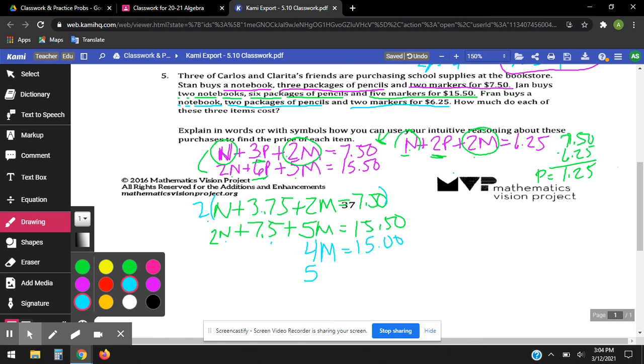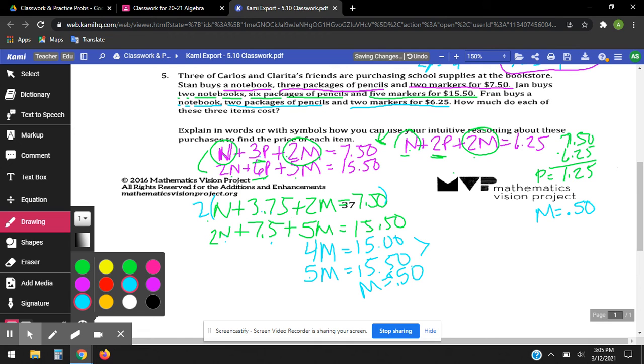And then 5M equals 15.50, which means 1M must be 50 cents. Okay, so now I've got M equals 50 cents. Markers are 50 cents each. Pencils are $1.25 per package. Now all I have to worry about is my notebook.